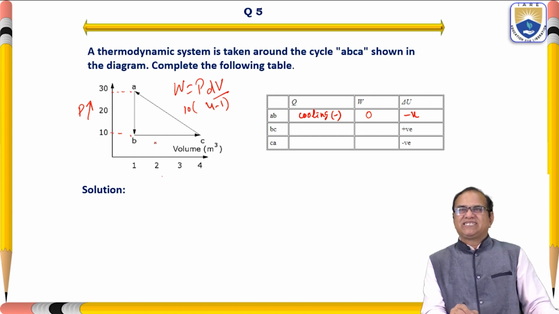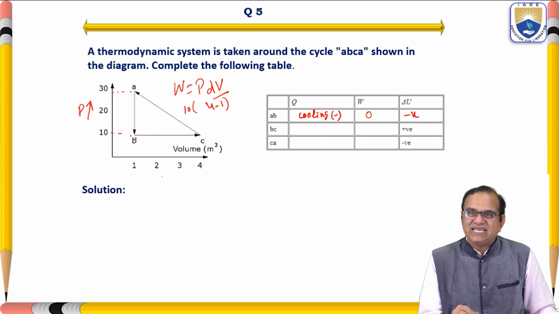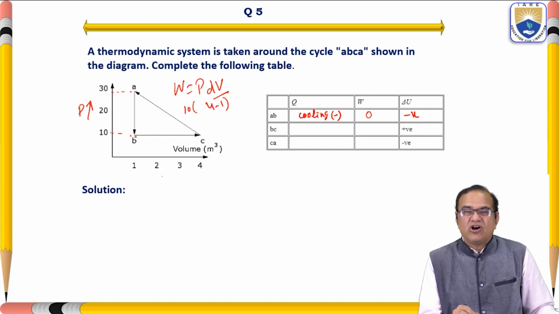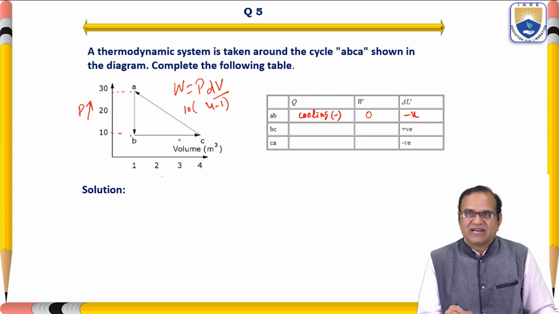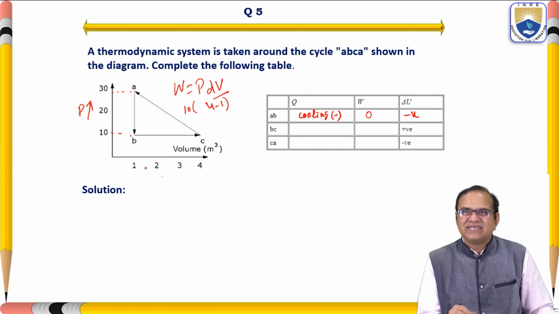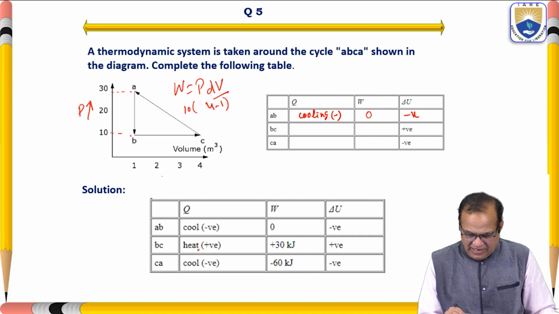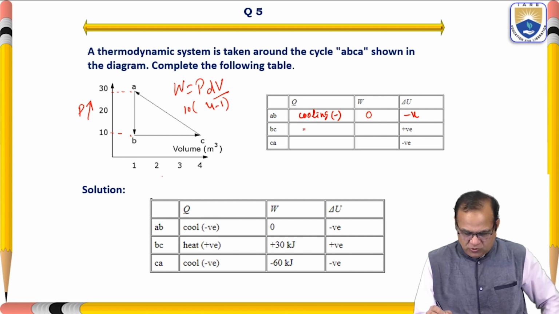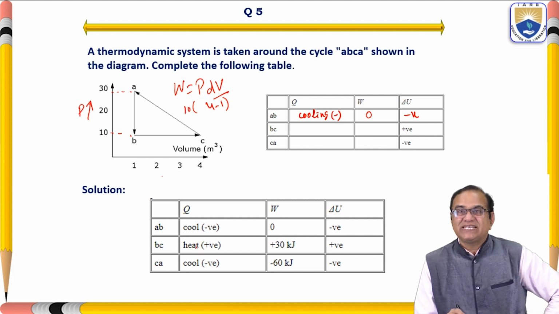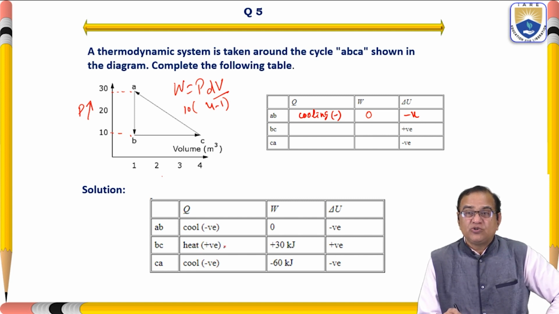Now if you see B and C, here at a constant pressure, work will be done. So how much work is done? 4 minus 3. Okay. So here again you can see that B to C heat is positive, means you are adding the heat.